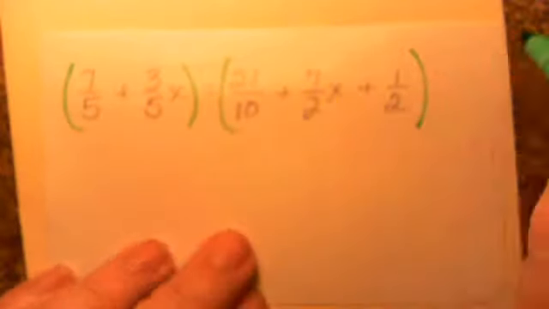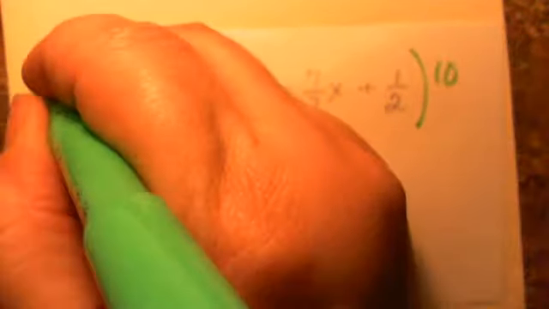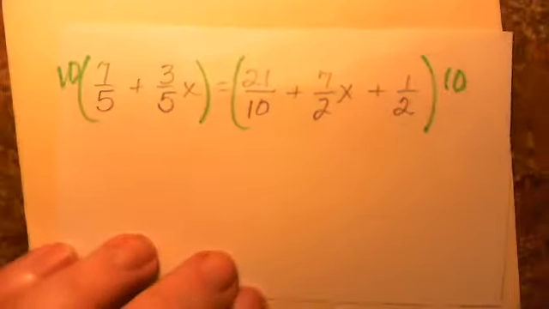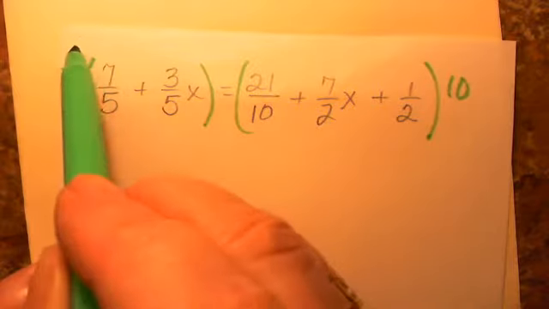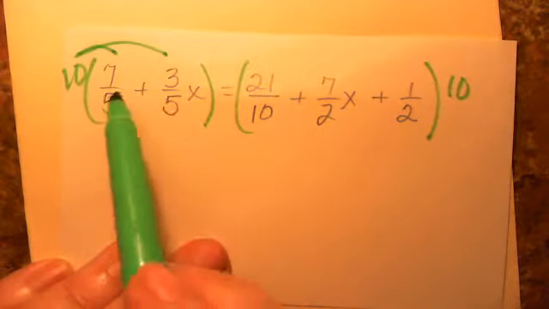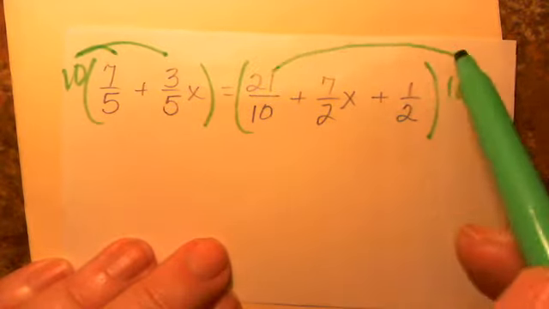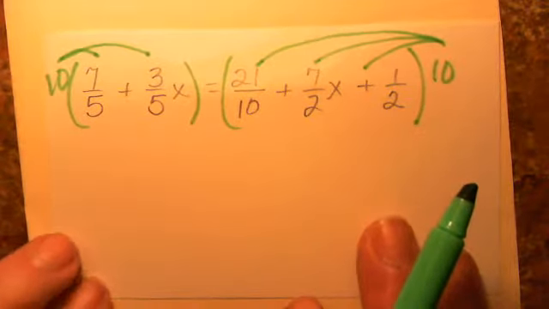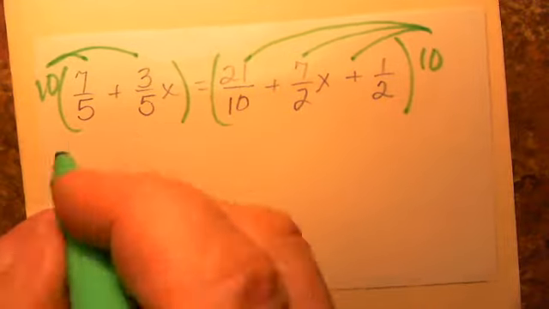So after some thought process, you decide 10 is the least common denominator. So we're going to multiply both sides by 10. Alright, and so on the left we have to distribute twice because we have two terms. On the right we have to distribute 3 times.